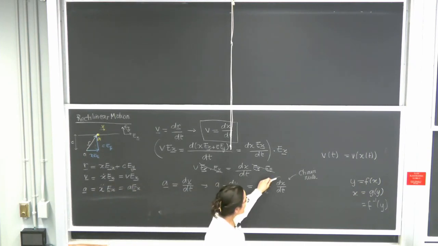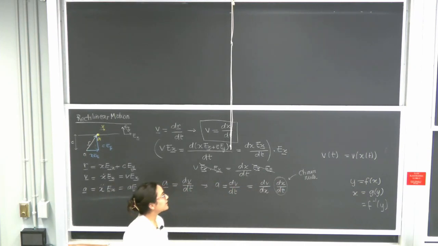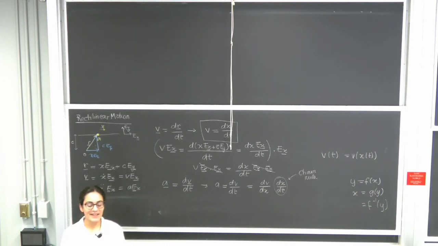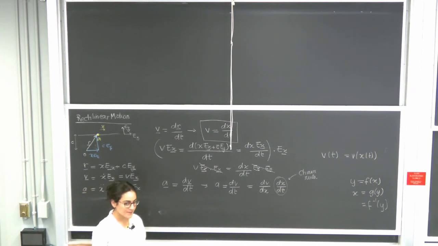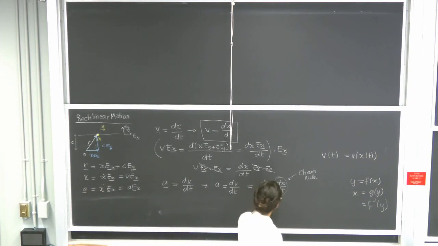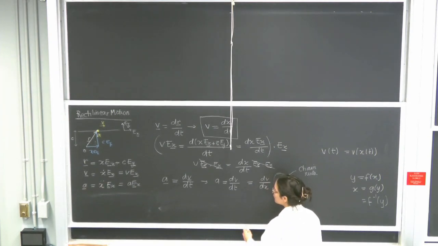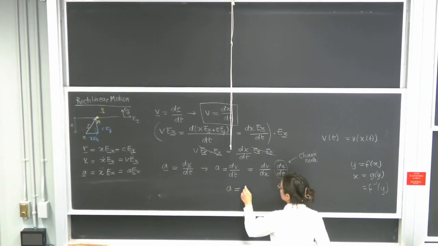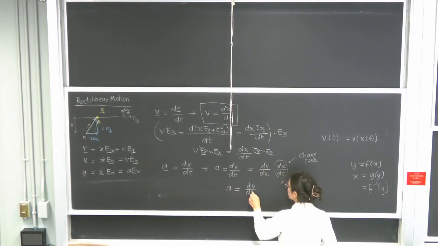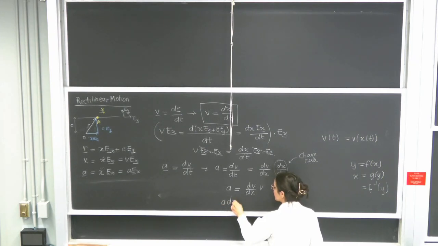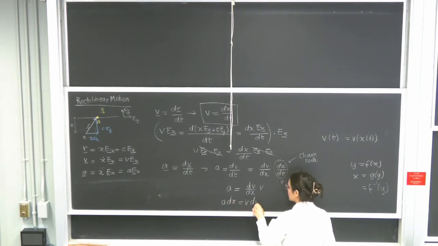Okay. Now dx by dt, you might recognize this term. What is it? It's on the board somewhere. Exactly, it's our v. So what I have so far is a is equal to dv by dx times v, which I can rearrange as a dx is equal to v dv.